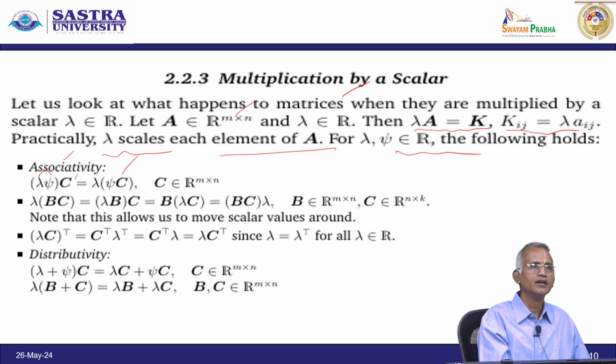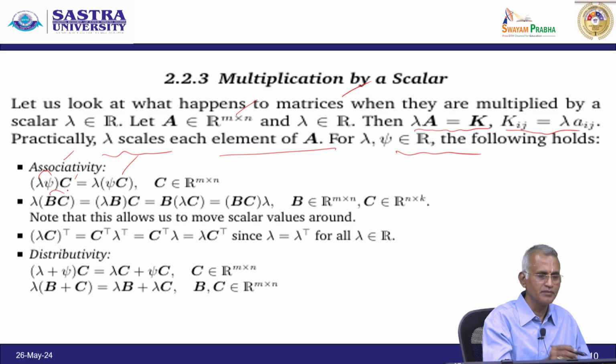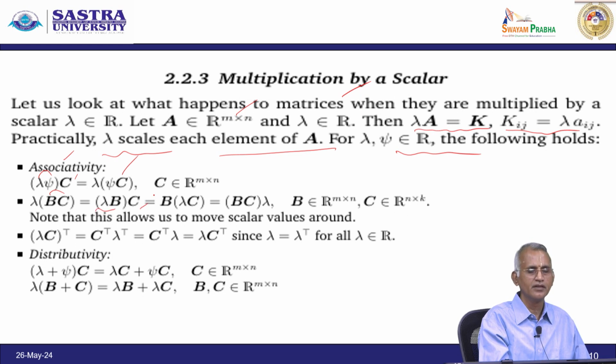Another one is, take a scalar lambda and multiply with the two matrices B and C, then we can write it as lambda B into C, which is equal to B into lambda C, which is equal to BC into lambda. Here B belongs to R^(m×n) and C belongs to R^(n×n); only then does the matrix multiplication exist, and we can apply these scalar properties.